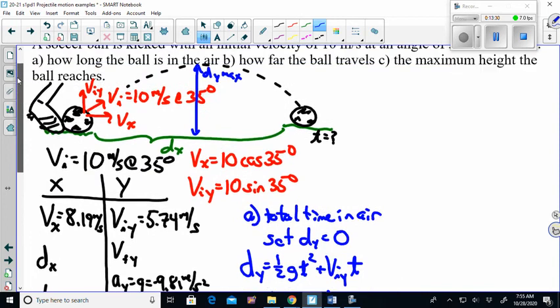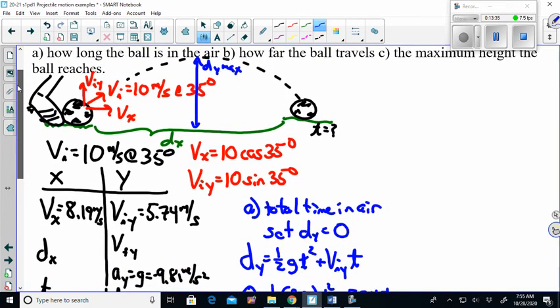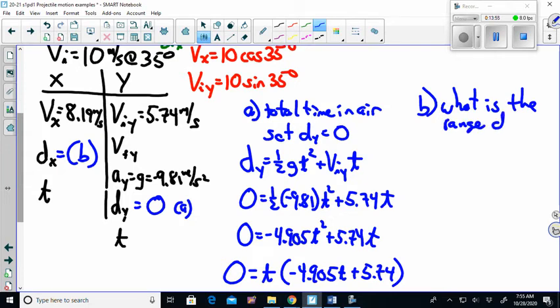Question B says, how far does the ball travel? So that's looking for the range. So question B is asking for the range. So in the x direction, right, in step 3, I'm going to select my equation.